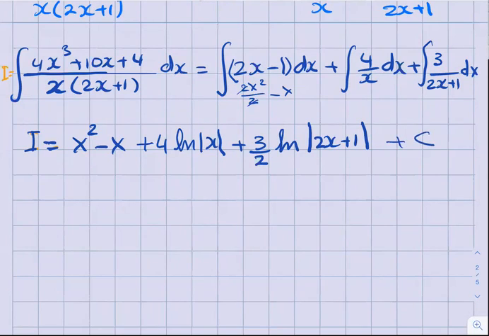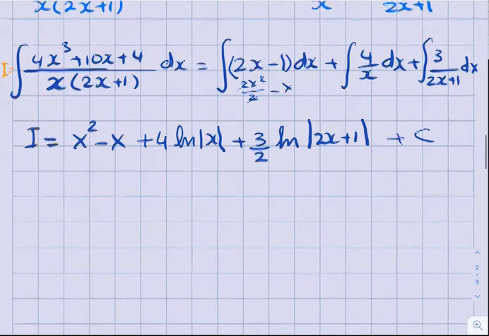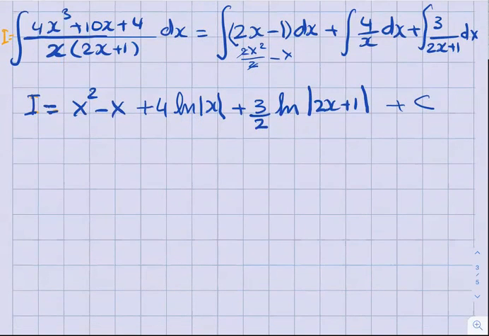Right, so now we just rearrange things. So we'll get x squared minus x, then we have plus 4, so we can make this as x to the power 4.